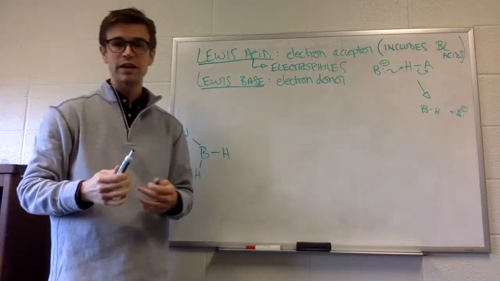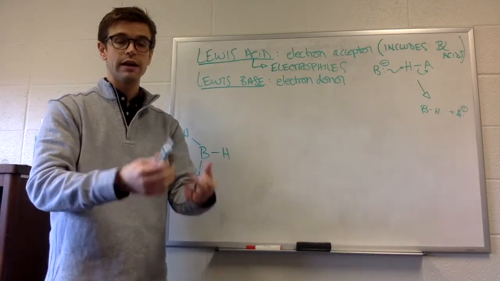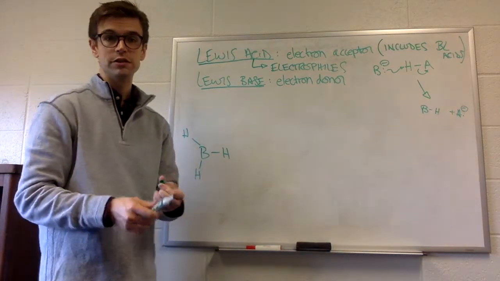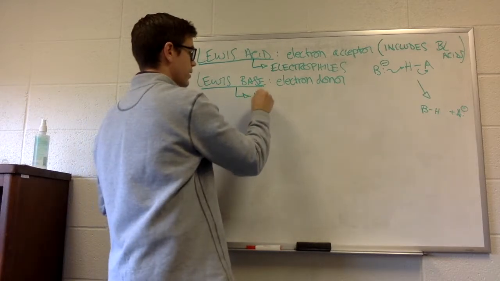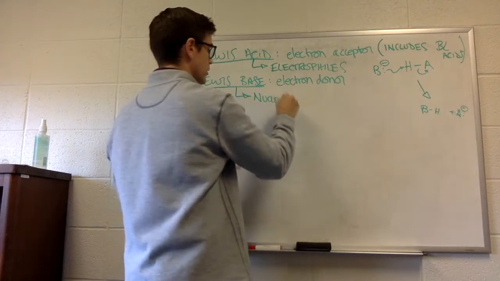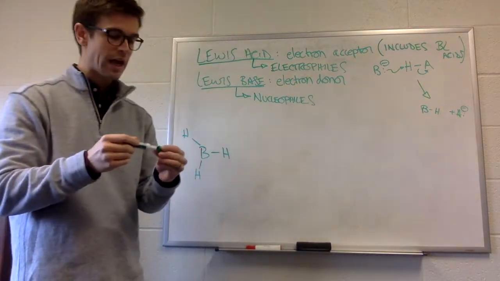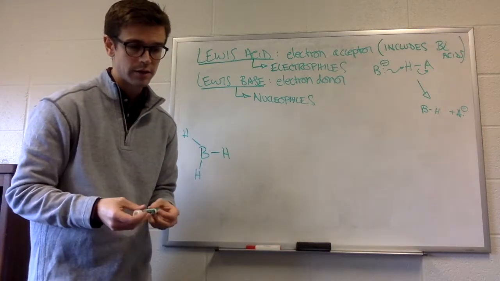Lewis bases are electron donors. They're giving away electrons to an electron acceptor. Electrons are negative. They flow to positive charges. So Lewis bases are nucleophiles. They love nuclei, so they donate their electrons to nuclei. So that's what a Lewis base is.